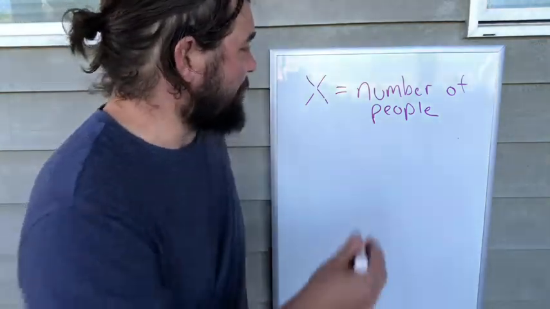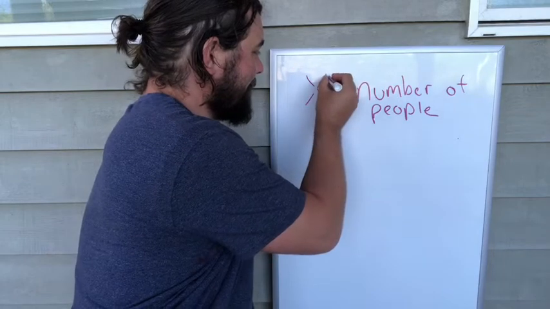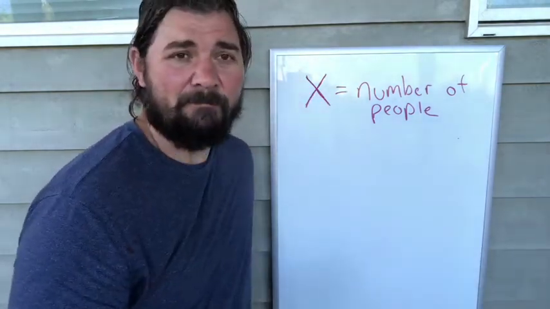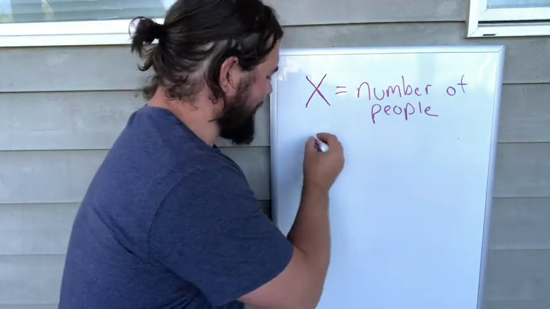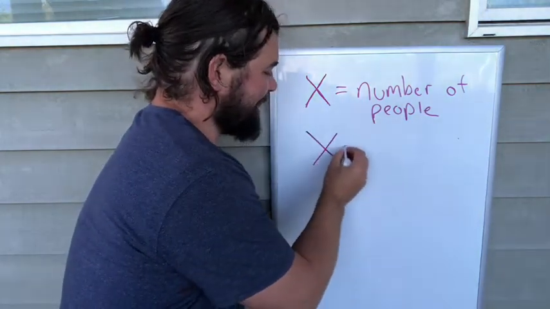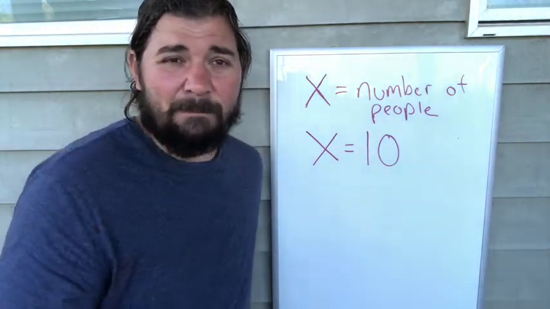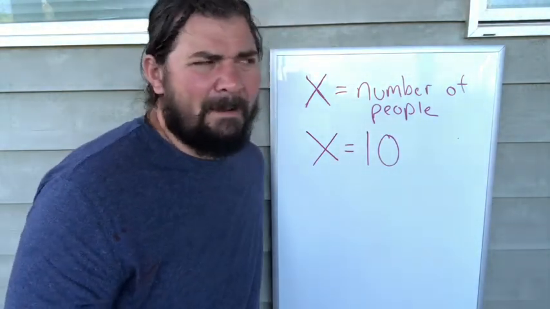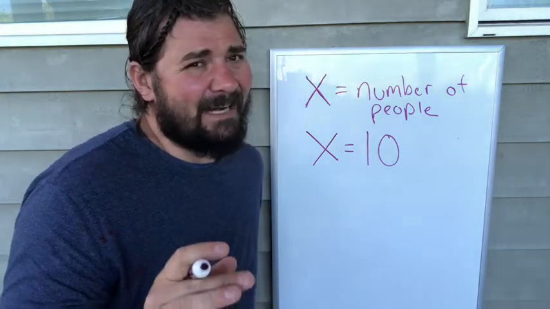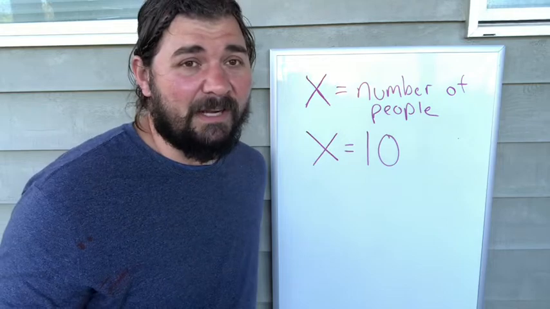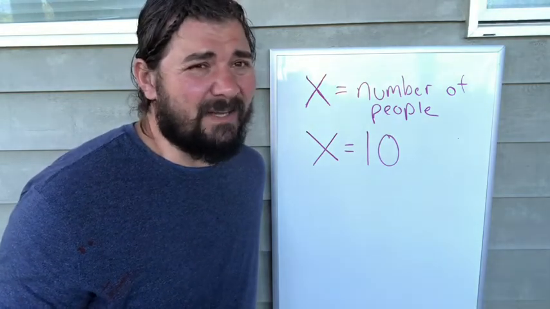So I said, all right, well, let's think about X. X is going to be the number of people, right? And so X could equal 10, right? X could be 10 people in the store. But I'm standing in the store and I was looking around and there was only one other person in there. So there's only two of us in the store.